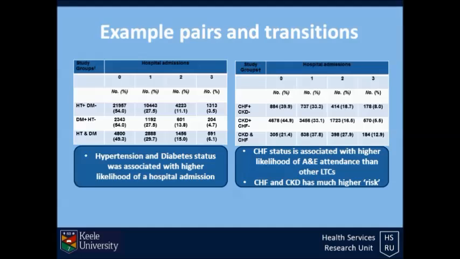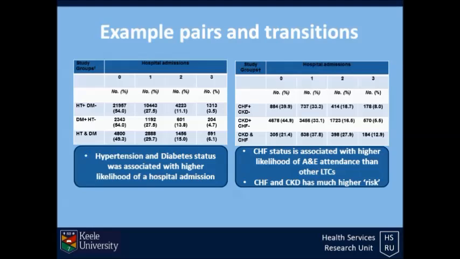Now on the right side, at the other example of a multimorbid pair, chronic kidney disease and heart failure, 80% of this group had had at least one hospital admission in any one of the 3 years. And you've got comparable estimates for the other groups.